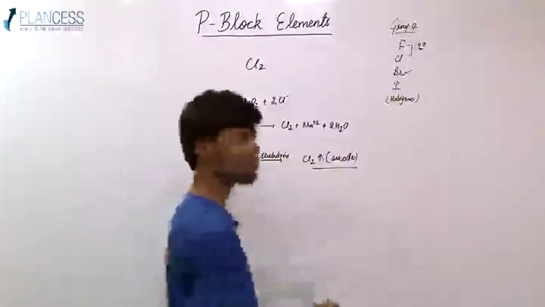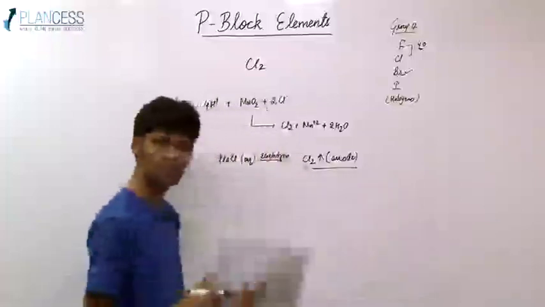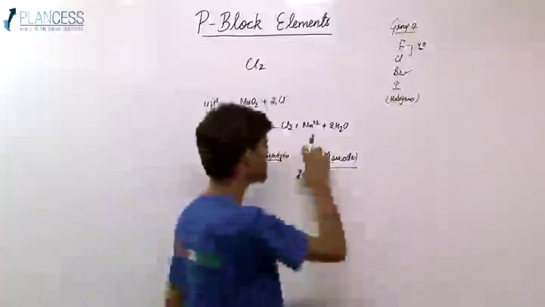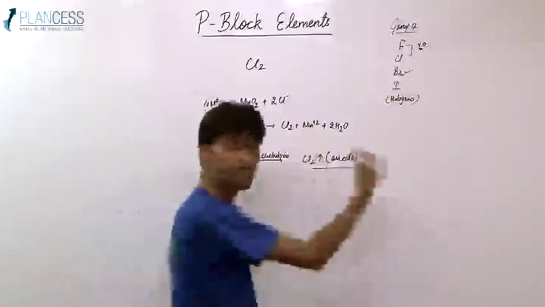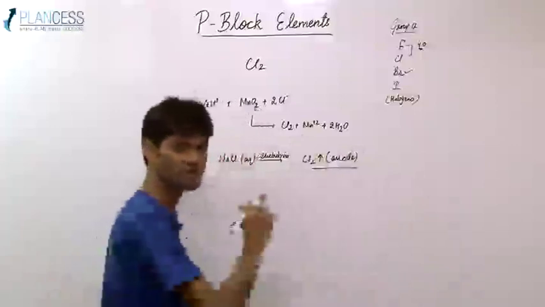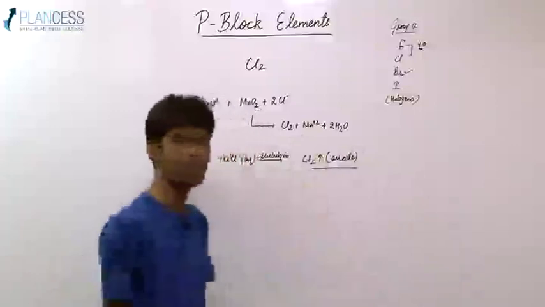Now Cl2 has both oxidizing as well as bleaching properties. When Cl2 acts as an oxidizing agent, Cl from 0 oxidation state gets reduced to -1 oxidation state, because its lowest oxidation state can only be -1, however its highest oxidation state can be +7.